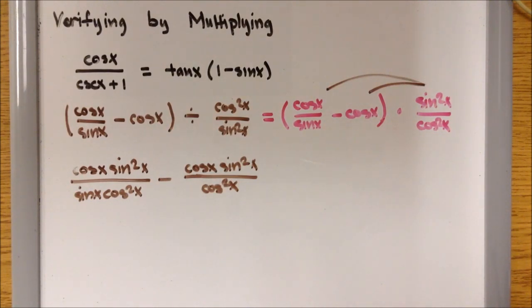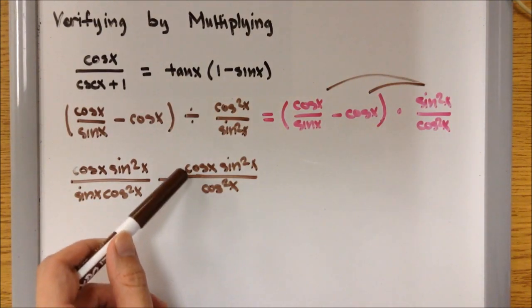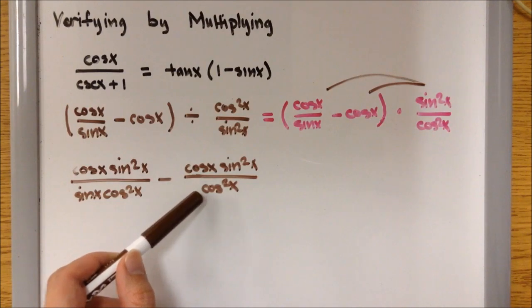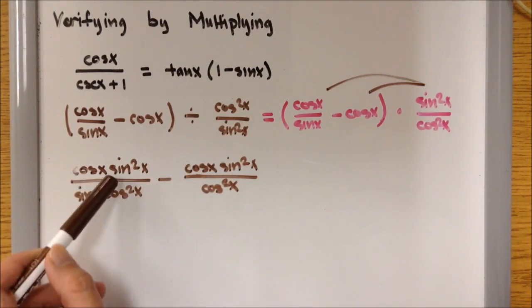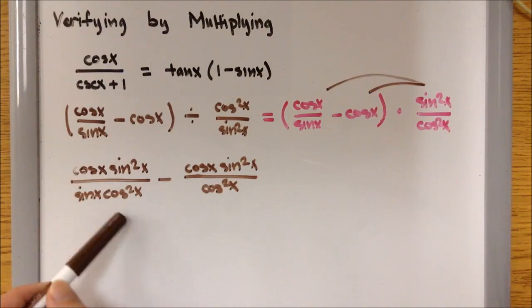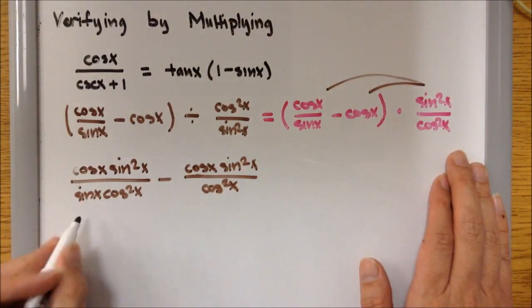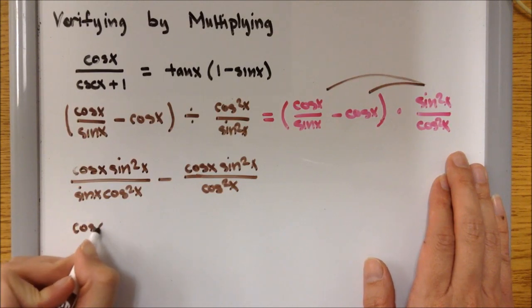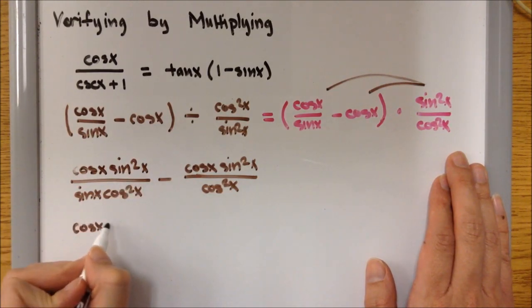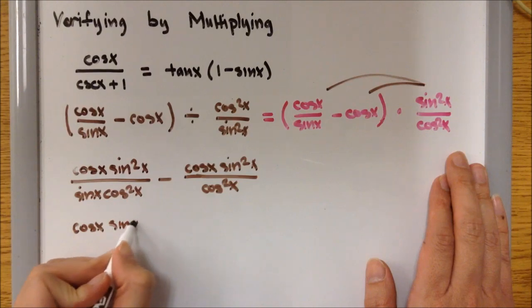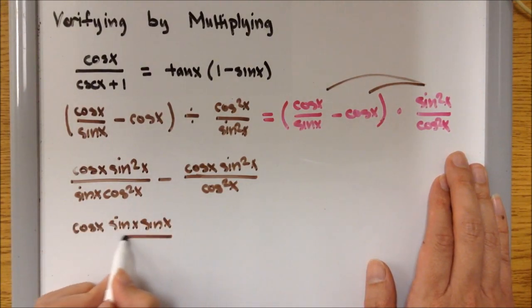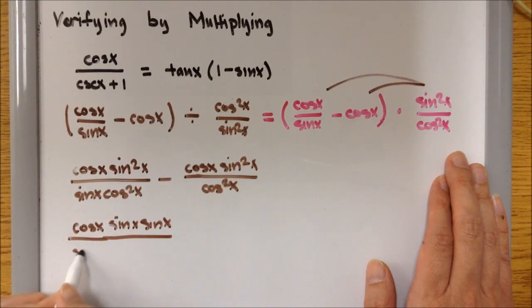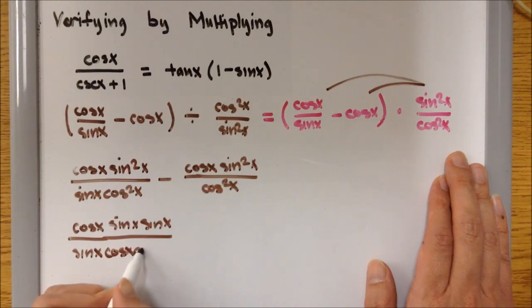Now, what I'm going to do is, I see there's cosine on the numerator and the denominator on both fractions, so I'm going to rewrite it as, instead of cosine squared x, it'd be two cosine x. So on this fraction, it'd be cosine x, same thing here, sine squared x, instead of that, sine x, over sine x cosine x cosine x.